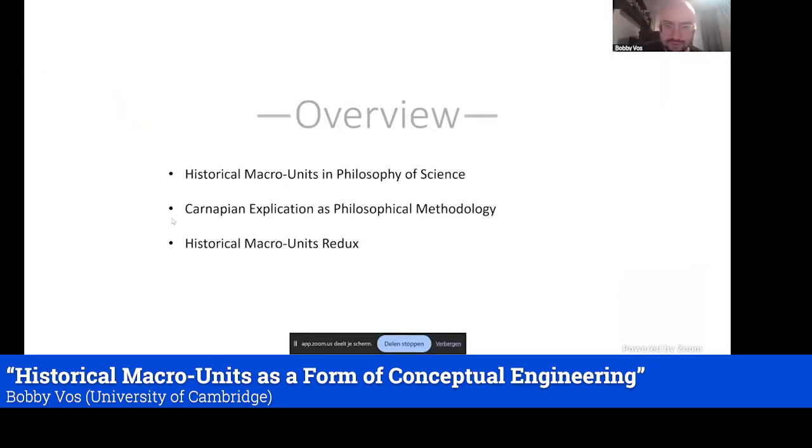It's a simple structure for today's talk. First, I'll say a bit more about this notion of historical macro unit. Then I'll say a bit more about this method of, as I was saying just now, Carnapian explication in particular, since that is the lens through which I'll be approaching this broader project of conceptual engineering, although these specific methodological differences will not play a big role today, I should also say in advance.